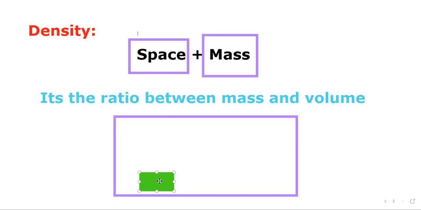Now you can see this object has occupied some volume of this whole box. Suppose this volume is occupied by this mass. Now let's take the ratio of mass of this object with its occupied volume. Then this ratio is named as density.